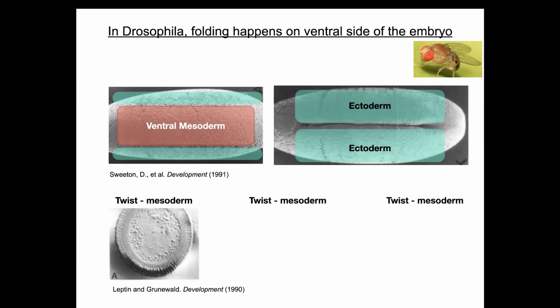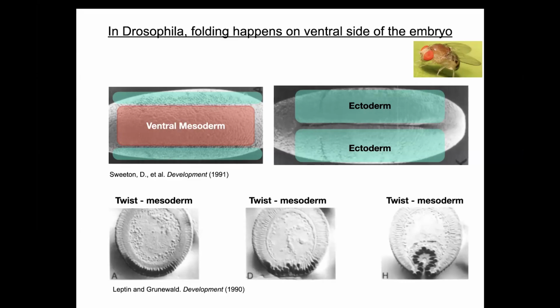That's a Twist stain, which marks the mesoderm. You can see over time, this area at the bottom starts to change shape, and eventually these Twist positive cells internalize, forming this internal tube, which will eventually dissociate and form an inner layer known as the mesoderm. So this is the process.